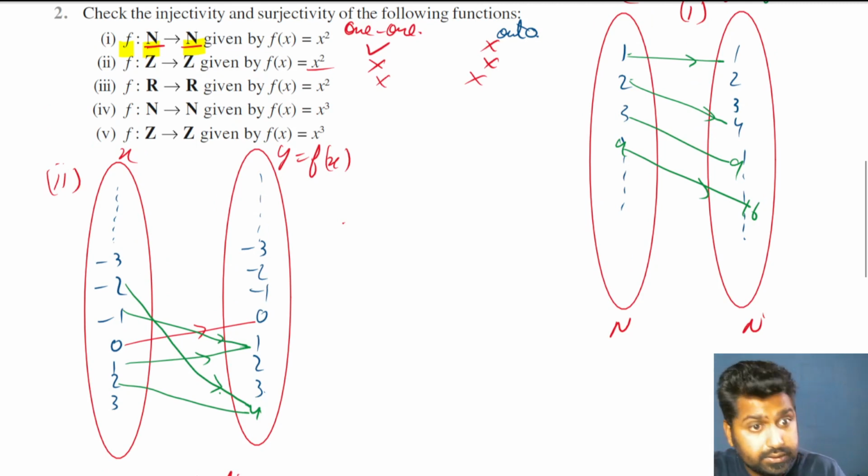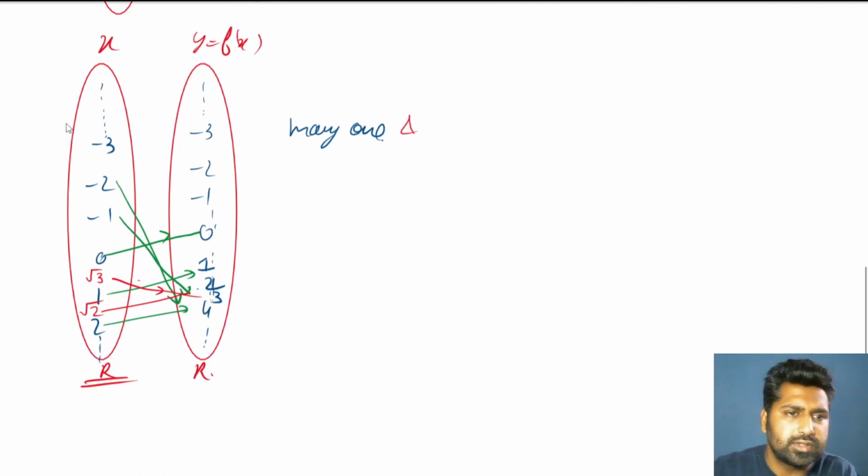All right, let's check for now what is the next part. X cube, natural number, and Z. So 4th and 5th, this was the third part.